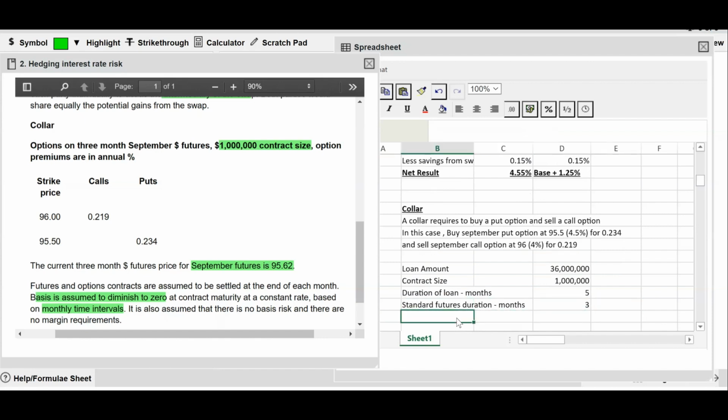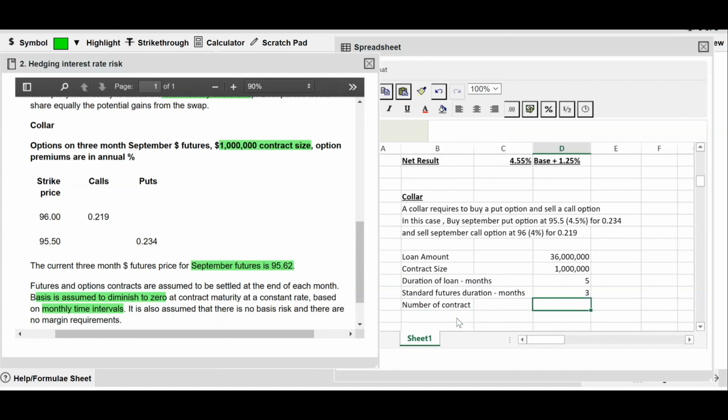So the number of contracts is 36 million divided by 1 million, multiplied by 5 over the standard 3, which gives me 60 contracts. So we're going to be entering into 60 contracts.